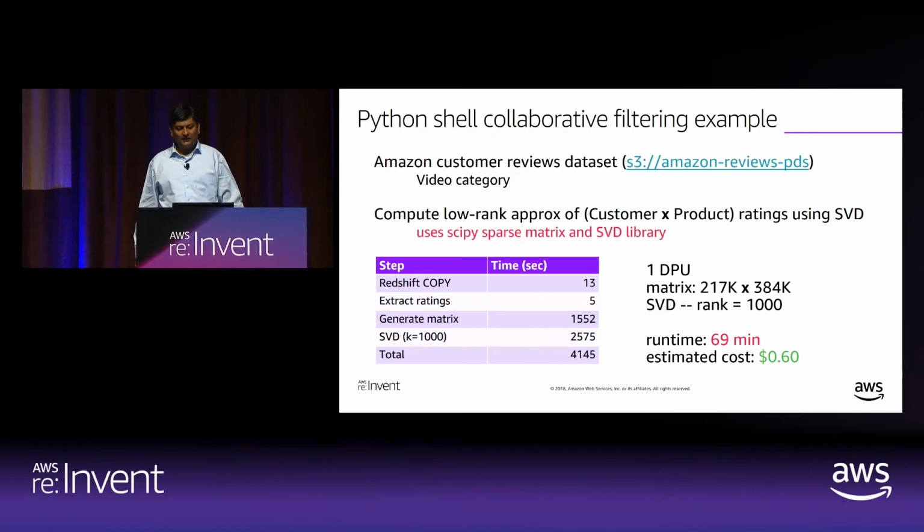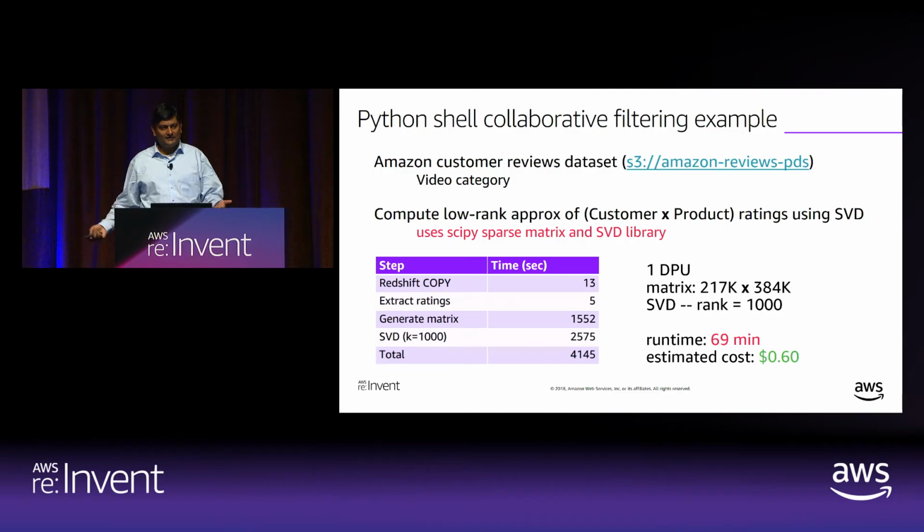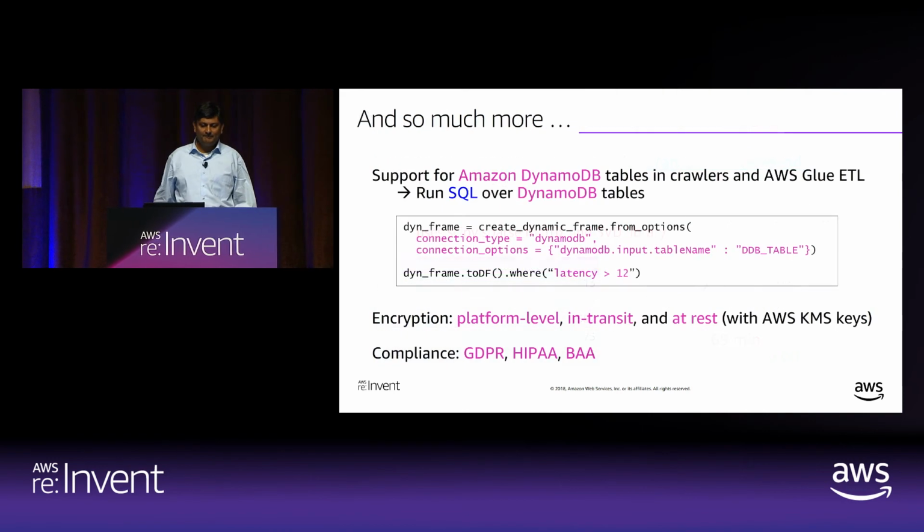The original matrix size was 200K by 400K. The point here is that it took 70 minutes or about an hour to run this. And the other point is that it cost 60 cents, less than $1 to actually do all of this. And so you really don't need a cluster. You just need a medium-sized machine to go and run this on, and that's what this job type is for.